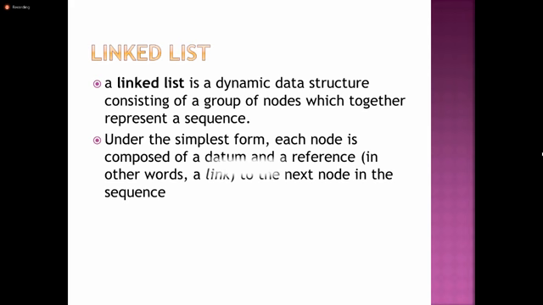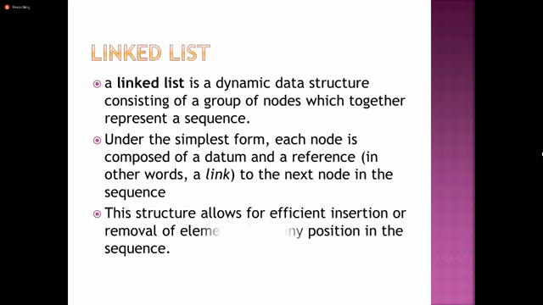In the simplest form, each node is composed of a datum and a reference, which is called a link to the next node in the sequence. The structure allows for efficient insertion or removal of elements from any position in the sequence.